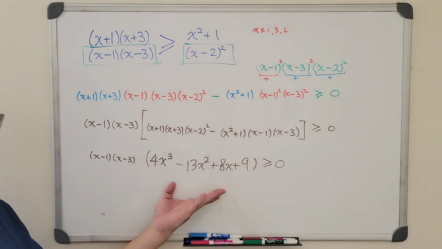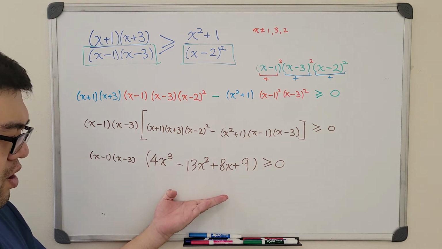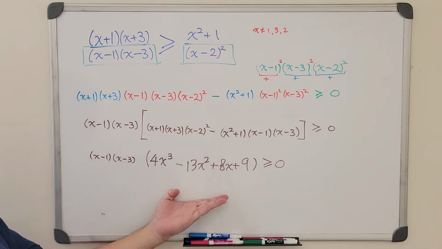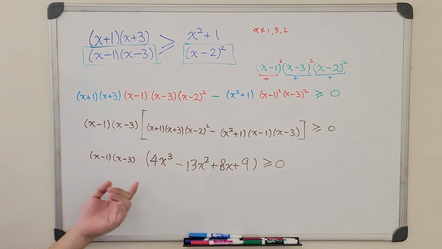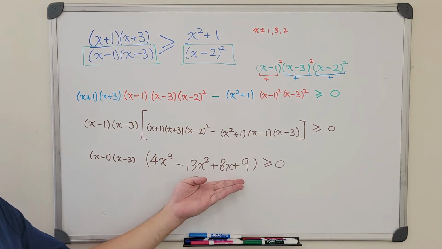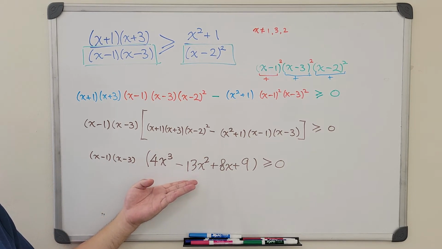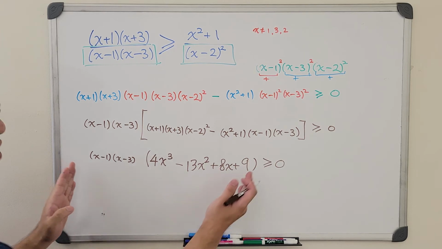So up to here, what should we do? Well, just like the video from last week, when we have an inequality of polynomials like this, we can use the methods that we have learned. We have to first find the solutions of this polynomial.